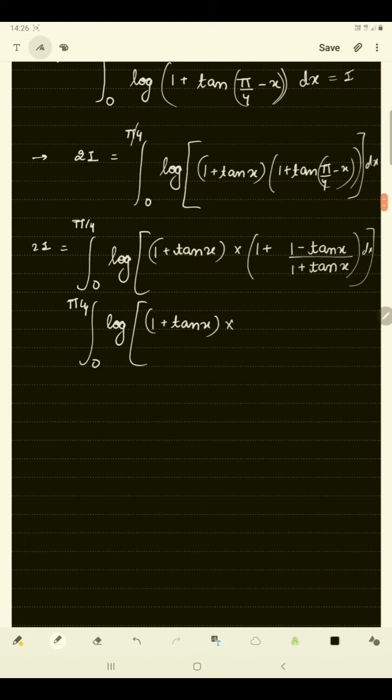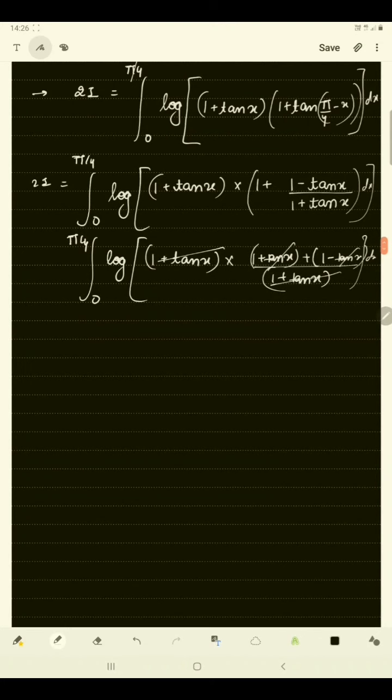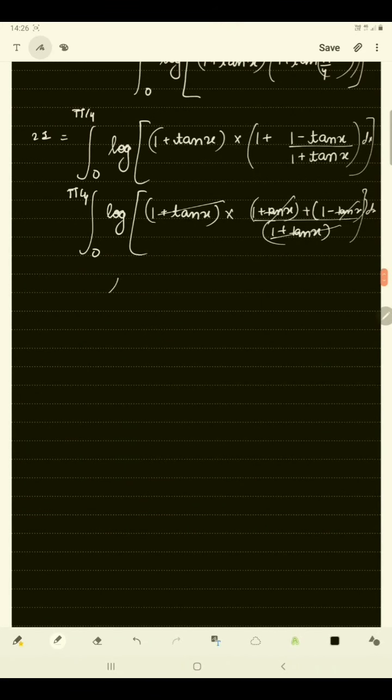So when we add them we get 1 plus tan x plus 1 minus tan x upon 1 plus tan x in the numerator. Now 1 plus tan x gets cancelled and we have this. So tan x also gets cancelled and we have a 2 over here. So log 2 dx, limit 0 to pi by 4, and we have a 2I over here.